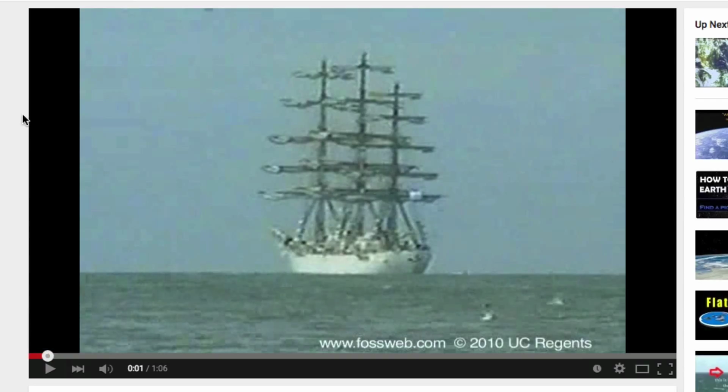So this ship, when it goes over, and we have to go from the side because I can't draw the curvature going the other direction. When this ship is on the same level as us, this is what the ship looks like, and this is what it should look like.